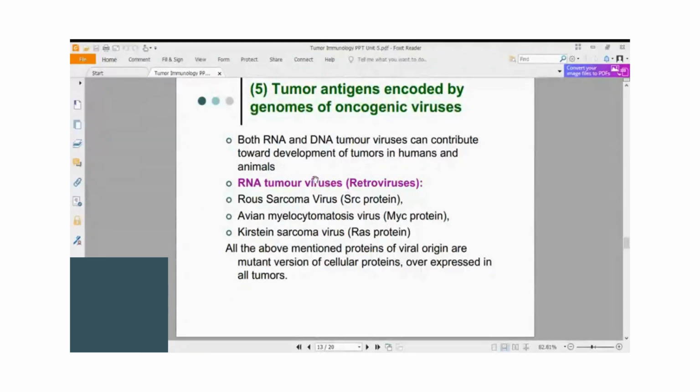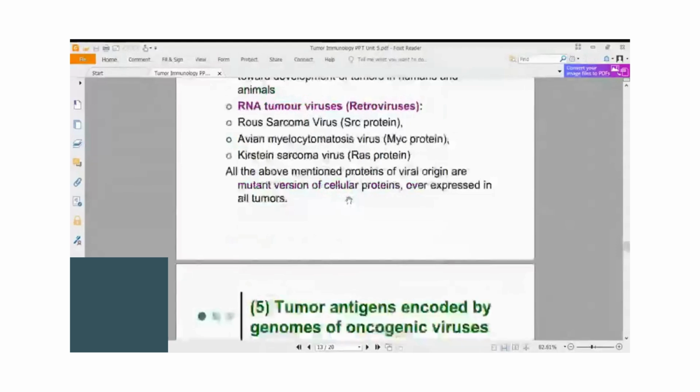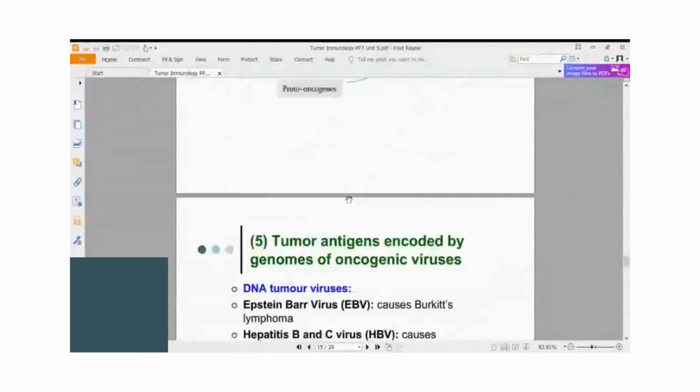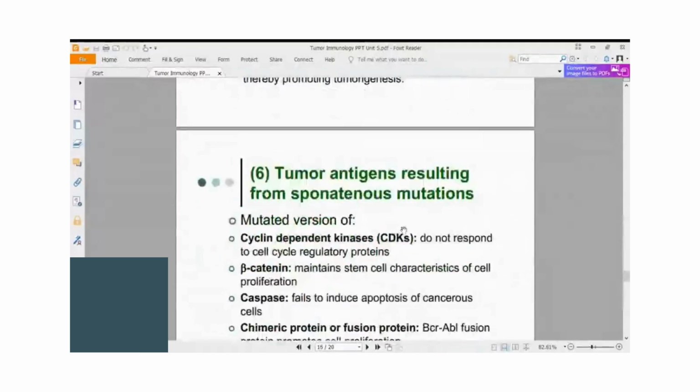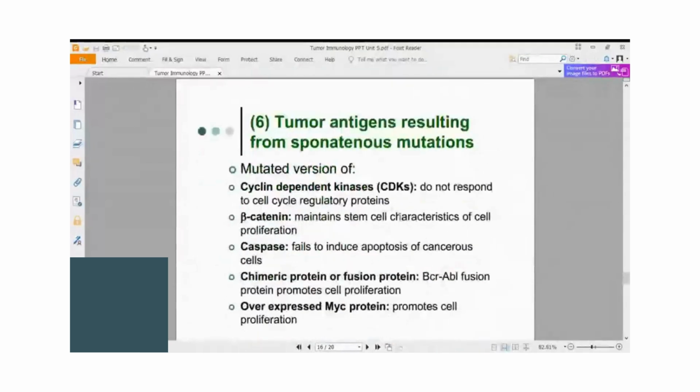So the virally transformed cells of DNA or RNA viruses are attacked by the immune response because they express strange antigens.